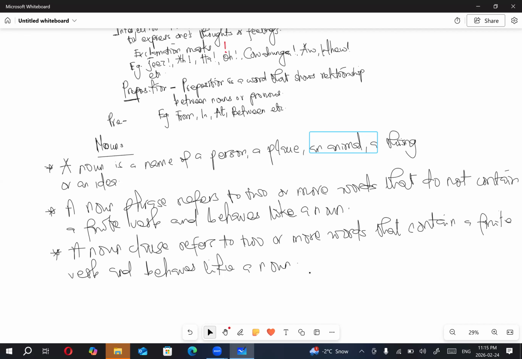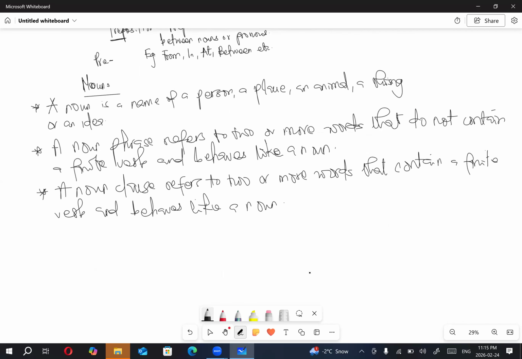So let's see. In all this explanation, it's finite verb, right? Noun phrases do not contain a finite verb. Noun clauses contain a finite verb. So let's look at what this finite verb is.